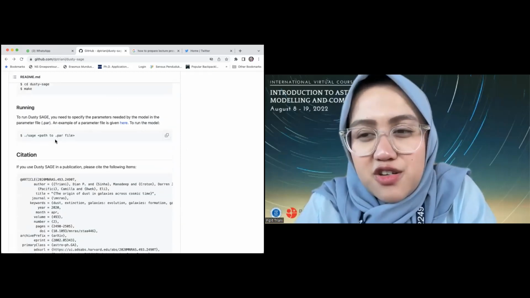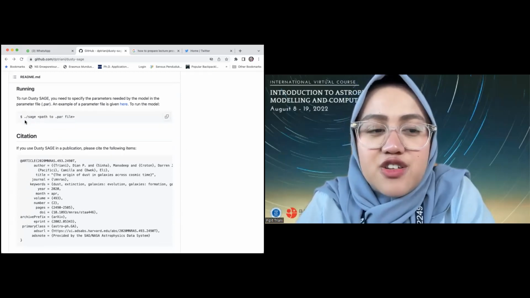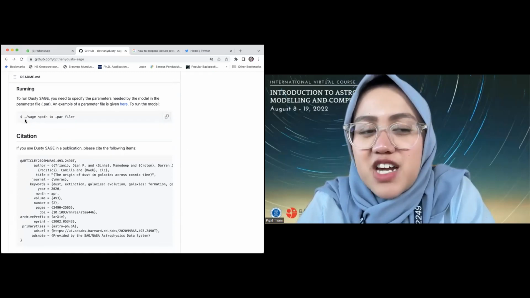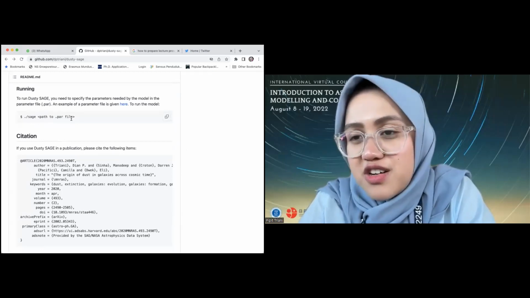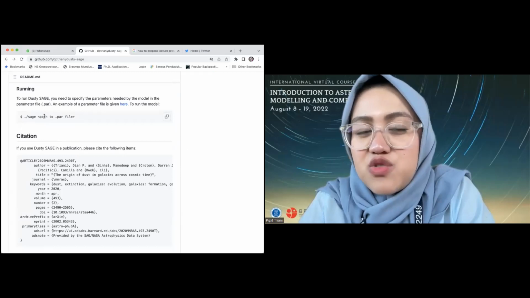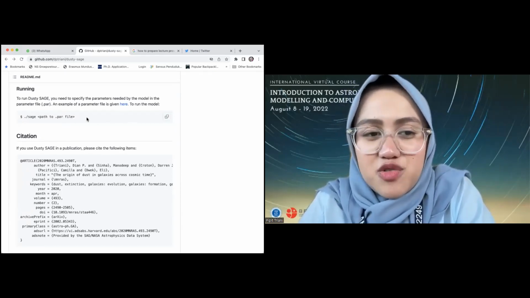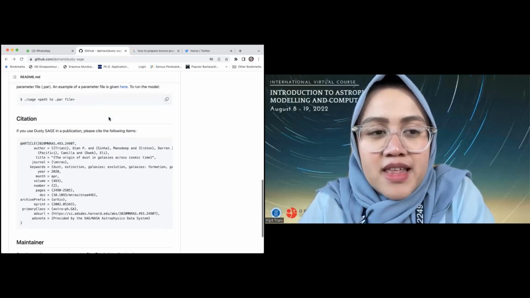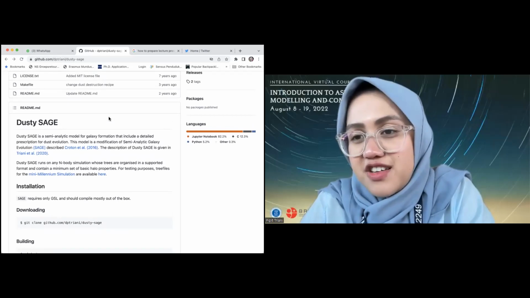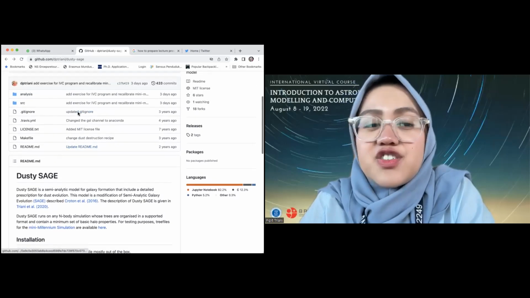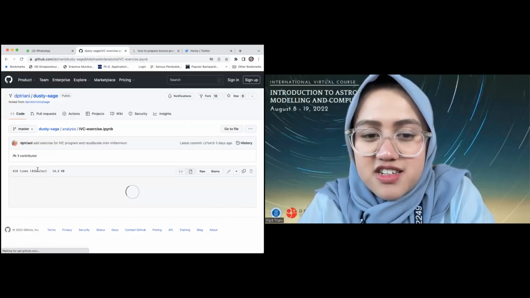If you cannot make it on your own computer, then access it using the HPC, and you run it by typing ./stage and then the path to the .par file, so you write src/.../minimillennium.par here, and it will run. After that runs, check the output directory, and if the model is there, then open the analysis and the IVC exercise.